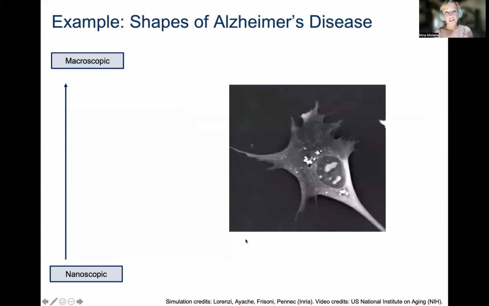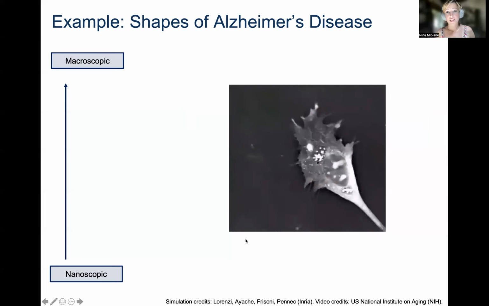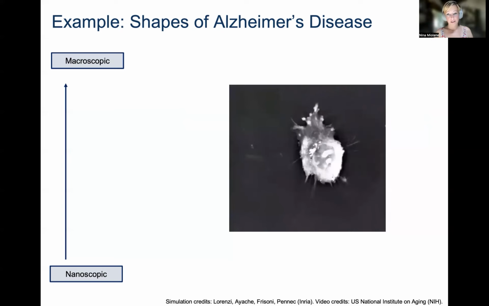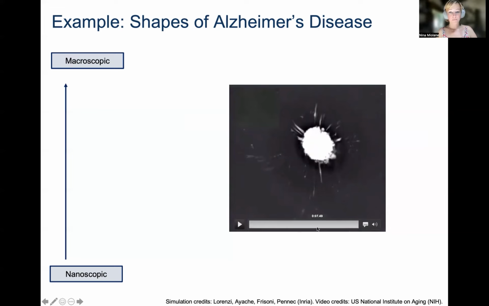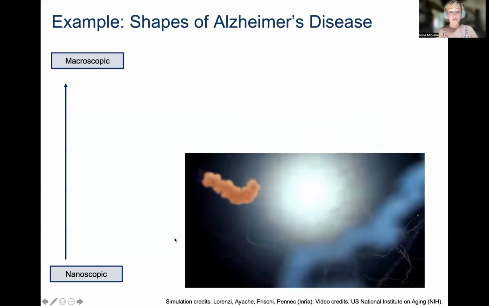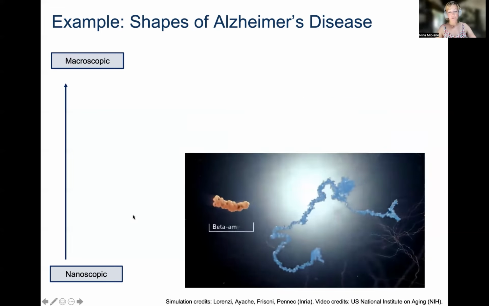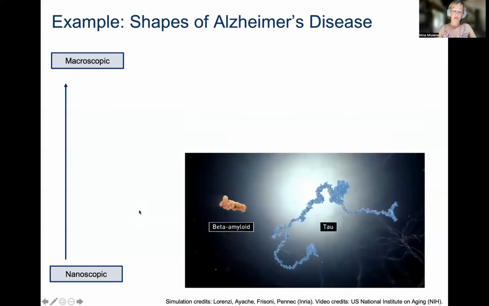And when a neuron is dying, it changes shape, as you can see on this video of a dying neuron. It's retracting its axons. So at the microscopic scale, at the scale of cells, Alzheimer's disease is linked to shape changes. And what's even more interesting is that at the nanoscopic scale, there is also a shape problem.